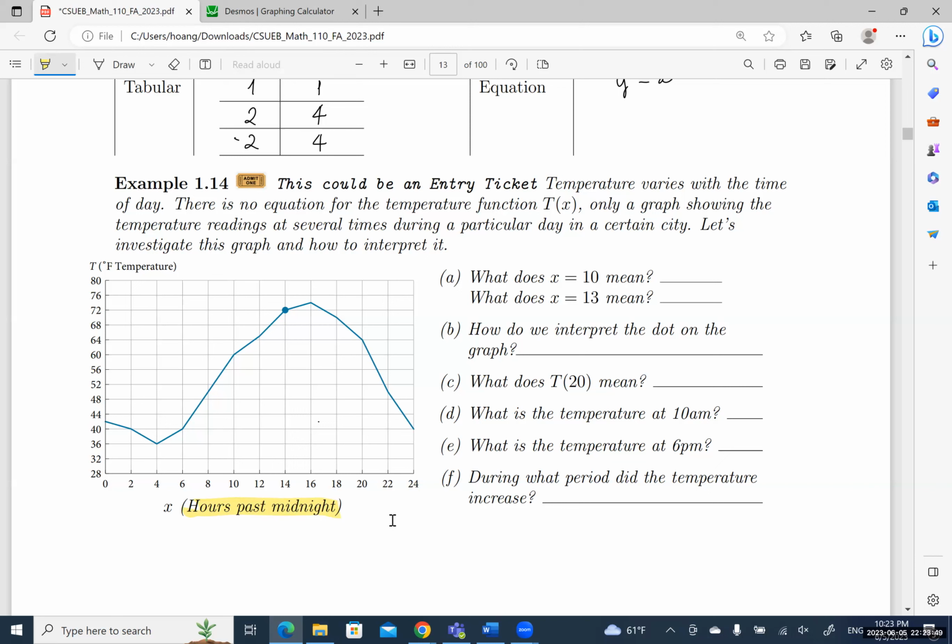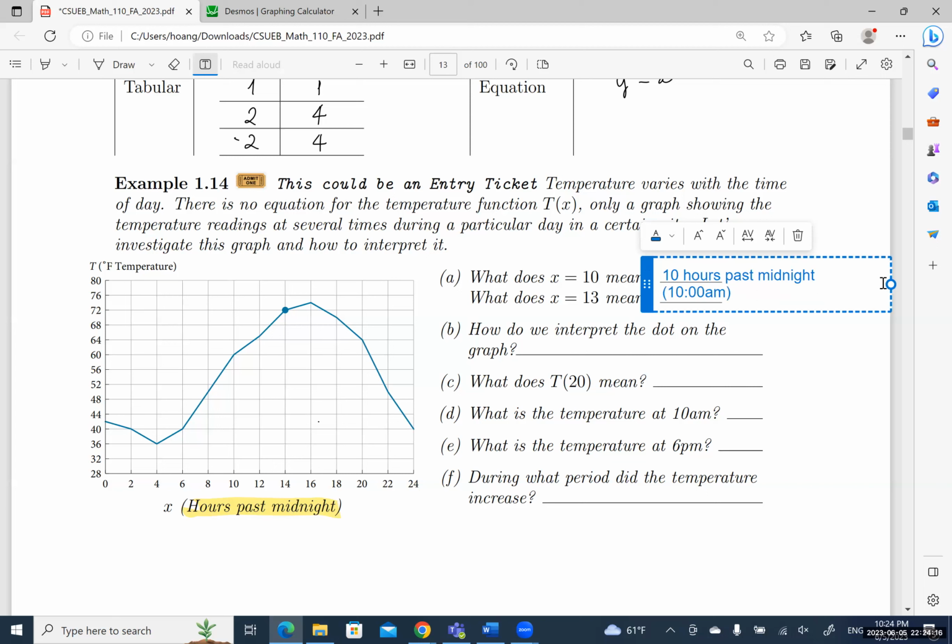So that means x equal to 10 means it is 10 hours past midnight, or in other words, 10 a.m. Okay, and similarly, what does x equal 13 mean?